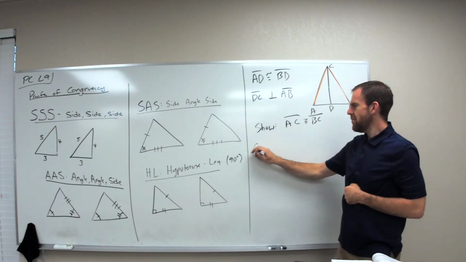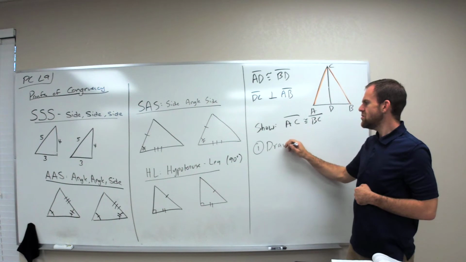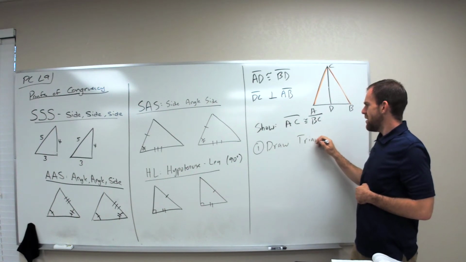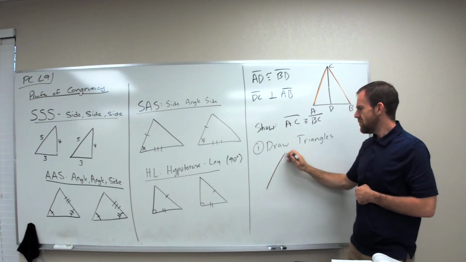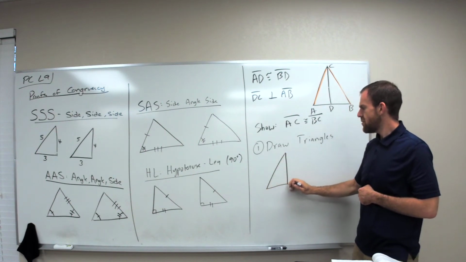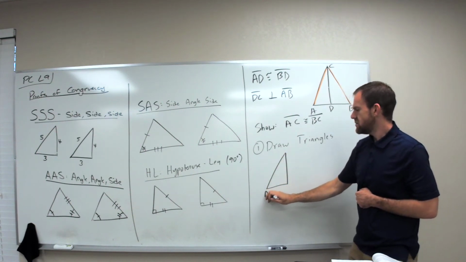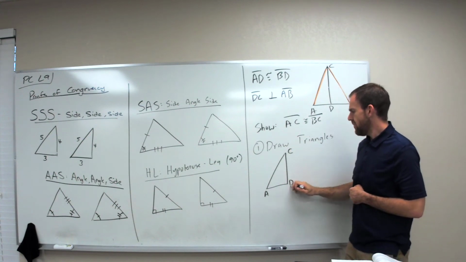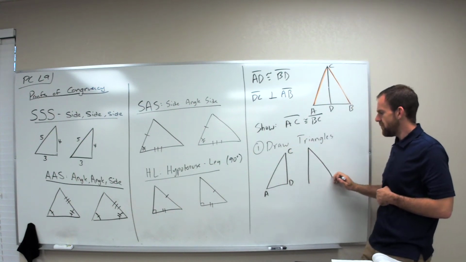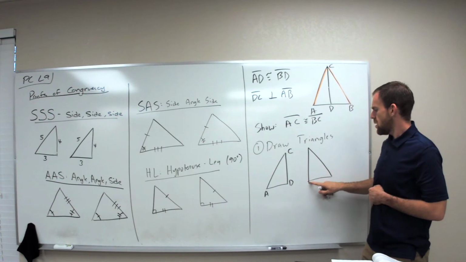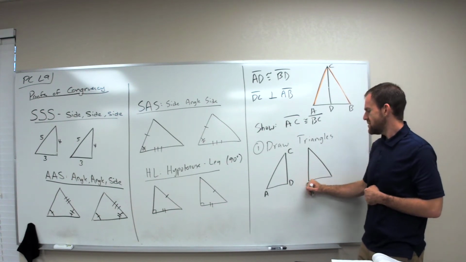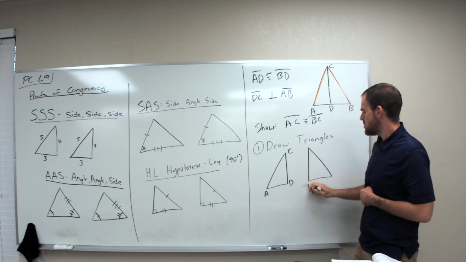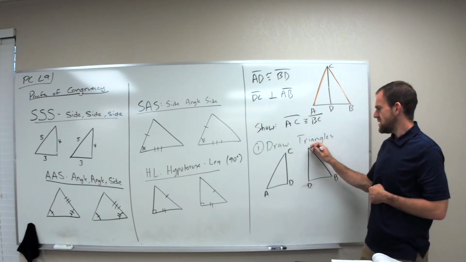Your first step is to draw the two triangles we are interested in. On the left, you must include the letters: A, C, D, and the triangle on the right, D, B, C.